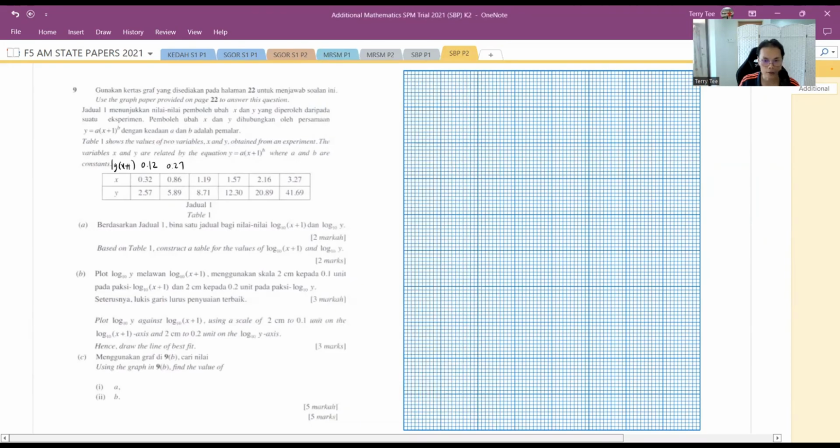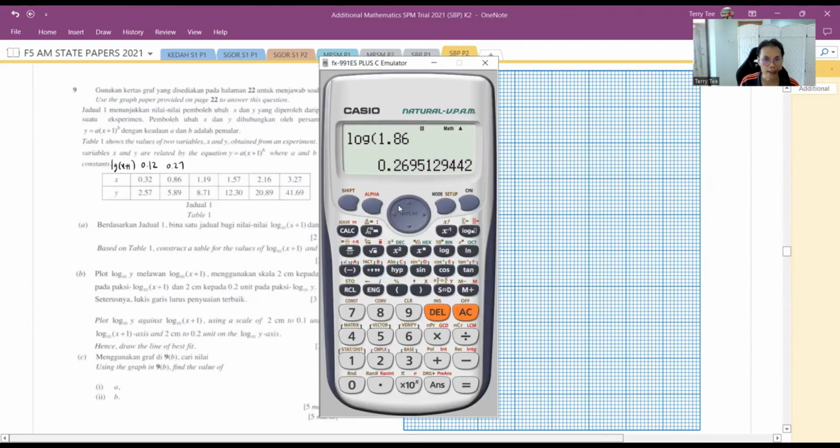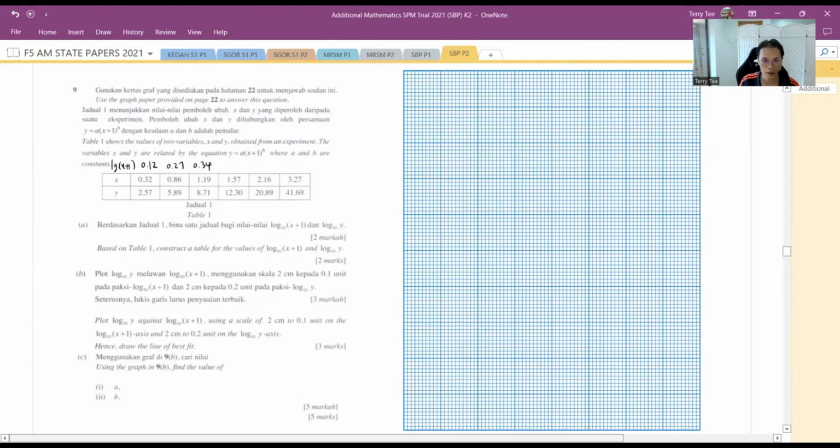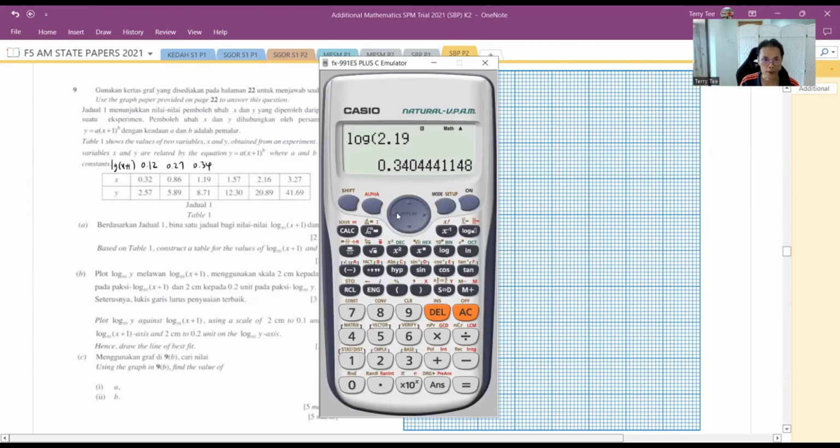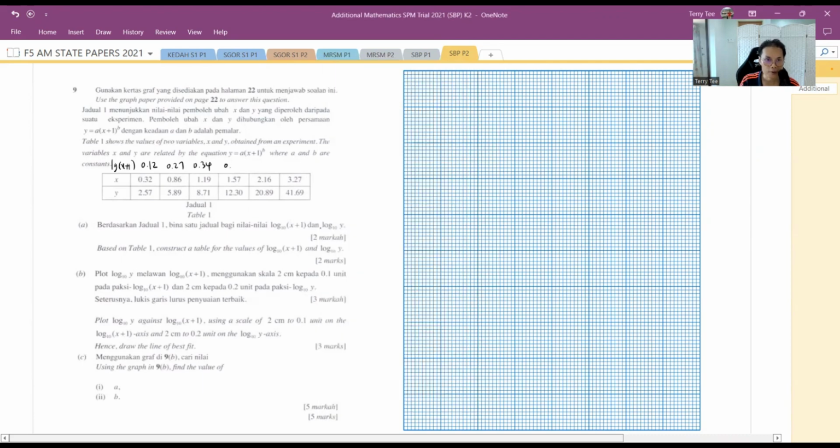Next one, 1.19 plus 1 is 2.19, log of 2.19, I got 0.34. Next one, 1.57 plus 1 is 2.57, so 0.41.